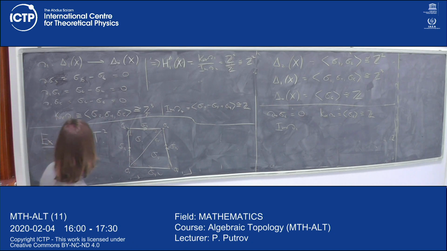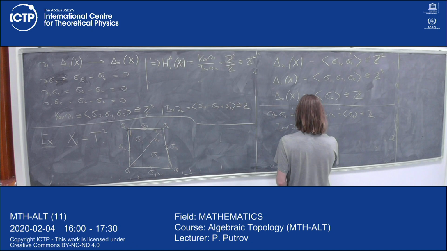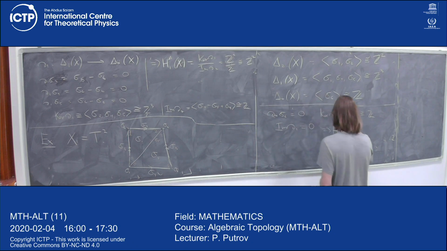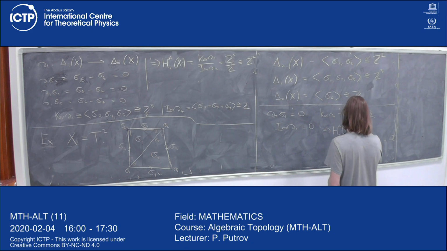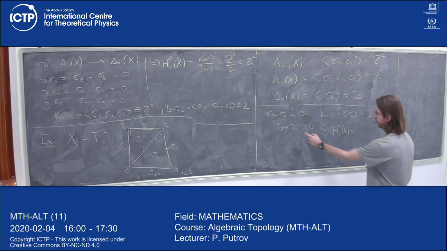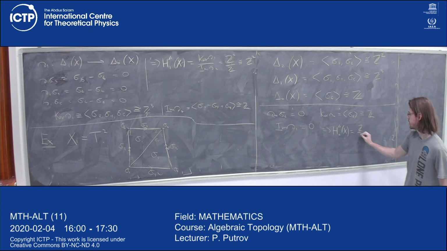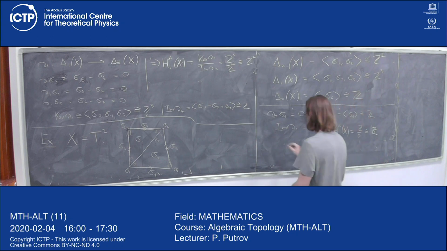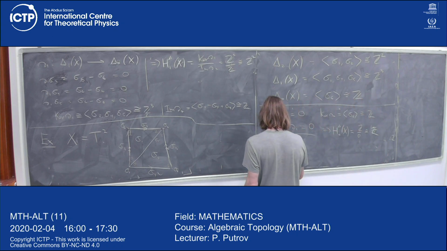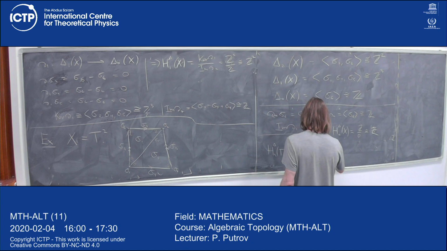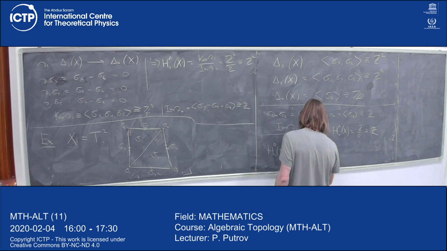We don't have anything in the image. So this means H0 delta of X is the kernel divided by the image, which is Z divided by 0, which is Z. So to summarize the result: for n equals 0 we got Z, for n equals 1 we get Z squared, for n equals 2 we got Z, and for all higher n we got 0.